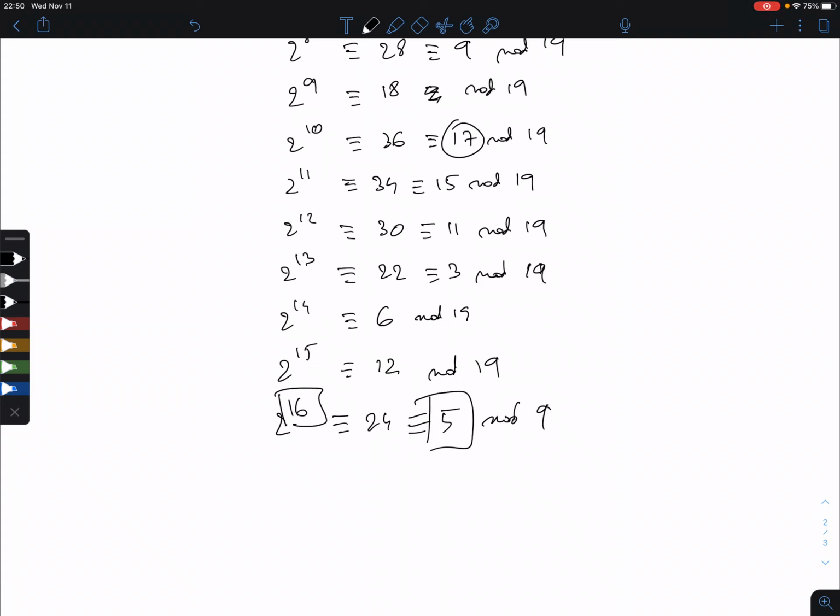Now 2 to the power 16 is 65,536, and that number is equivalent to 5 mod 19. Yes, okay. Anyways.